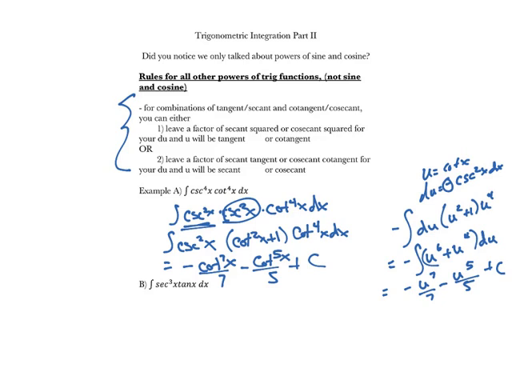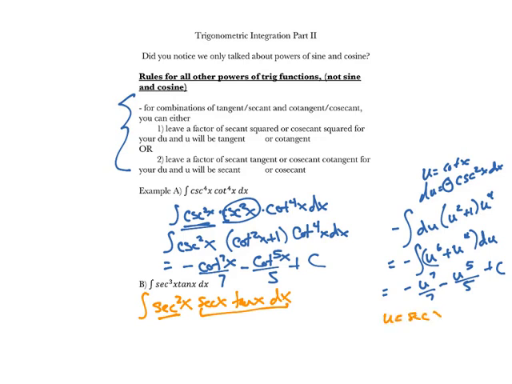Now when you have an odd and an even, that's when it makes sense to leave a secant and a tangent, or a cosecant and cotangent, alone for your du. So let me change color so you can see the difference here. I could rewrite this as secant squared x times secant x tangent x dx, and that can be my du if u is secant x.